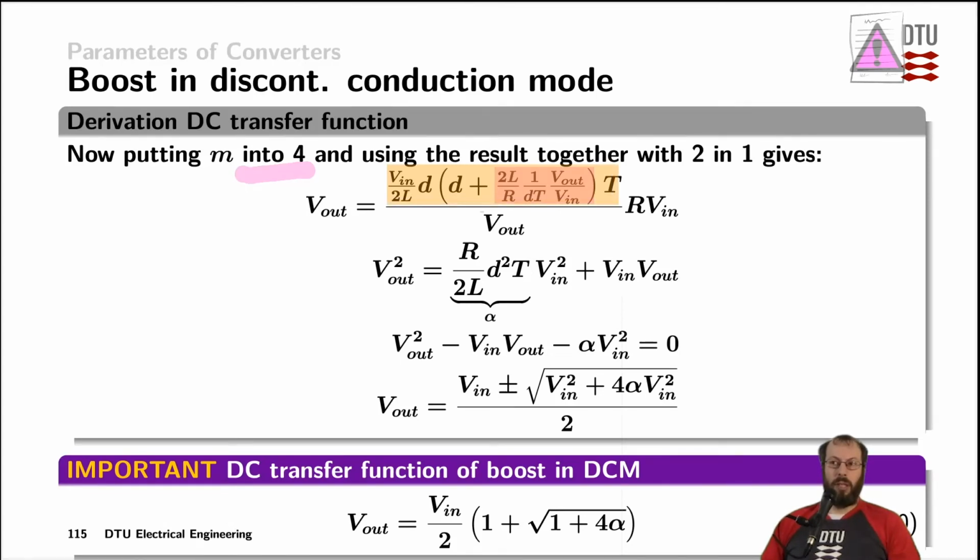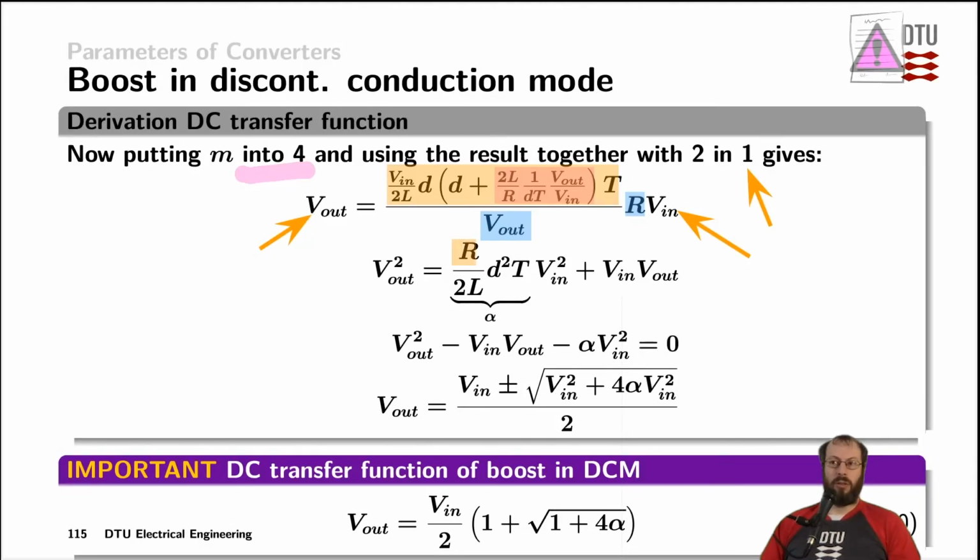Furthermore, we divide it by the average output current, which is derived from Ohm's law across the load resistor. And the variables of the DC output voltage and the DC input voltage are the leftovers from equation number 1, where we assumed the converter to be 100% efficient.